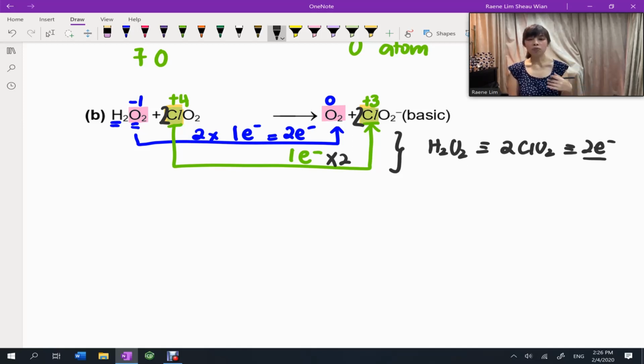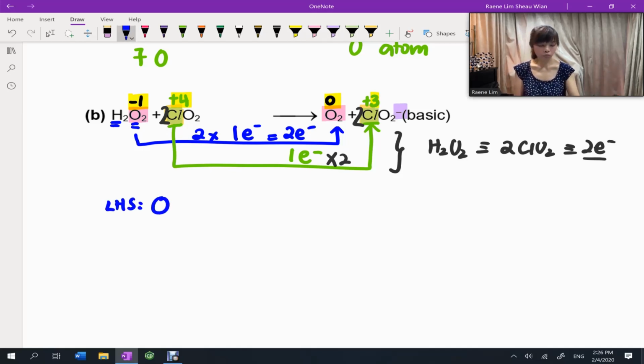Now, again, if you are interested to continue in balancing the equation, then the next step is to count the overall charges. Now, remember, do not take the oxidation number as the overall charges. Your eyes should be focusing on the real charges of the ions, okay? So therefore, on the left-hand side, we have 0 charges.